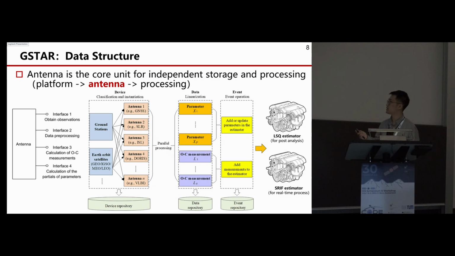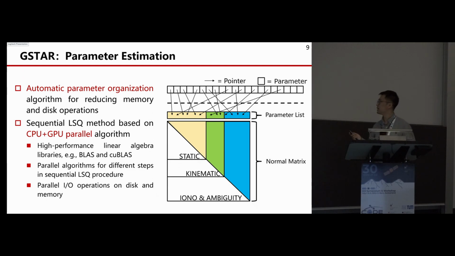Now, 2 types of estimators are realized in the GSTAR software. The first one is the LSQ estimator for post analysis, and the other one is the SRIF estimator for real-time processing. For the estimator, a set of rapid data processing algorithms are proposed. First, an automatic parameter organization algorithm is proposed to reduce memory and disk operations when time-dependent parameters need to be pre-eliminated.